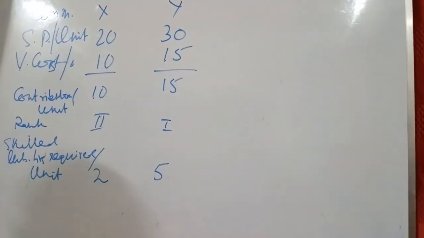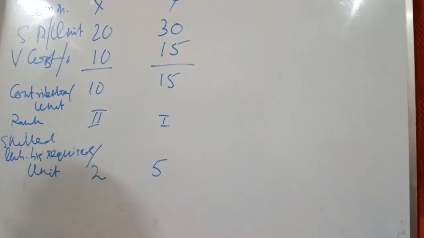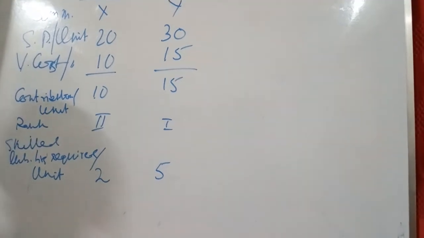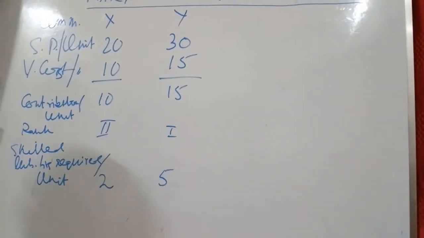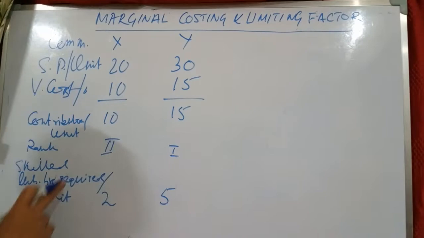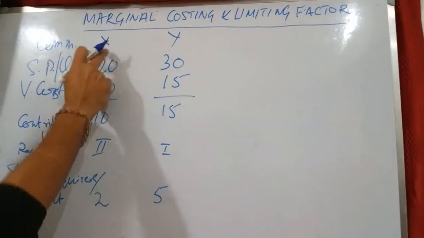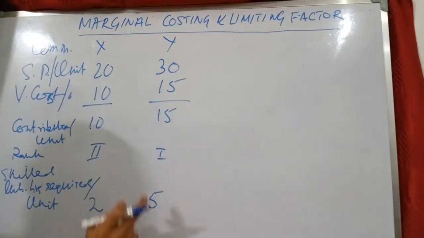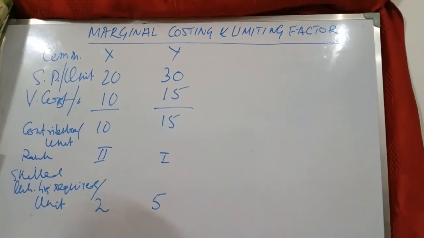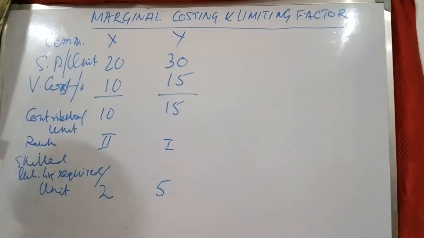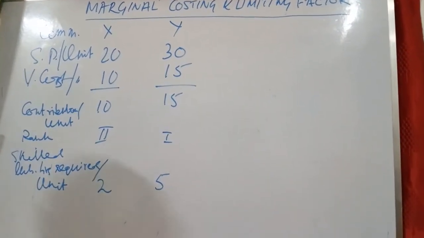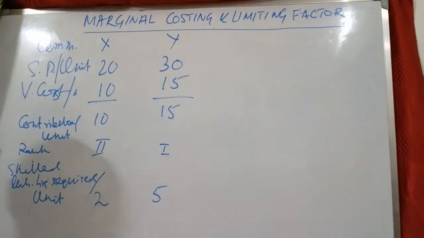But the firm is facing constraint in the supply of skilled labor hours. The skilled labor hours required per unit of production of X is 2 and Y is 5. So here we have to find out what is the contribution per unit of labor hour, skilled labor hour.